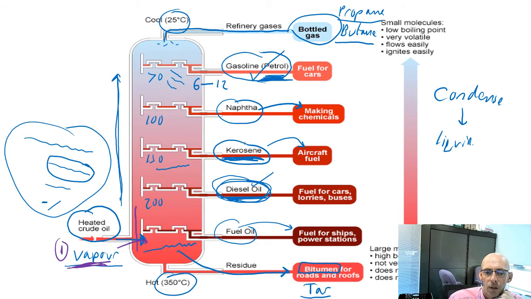Molecules go up the column until they reach their boiling point, so they're going up the column here, number 2, then they condense back into a liquid. If you're a long chain, you condense near the bottom, number 4, and number 5, if you're a shorter chain, you condense near the top. So maybe pause for a minute, re-watch the last minute and a half if you need to, otherwise crack on.